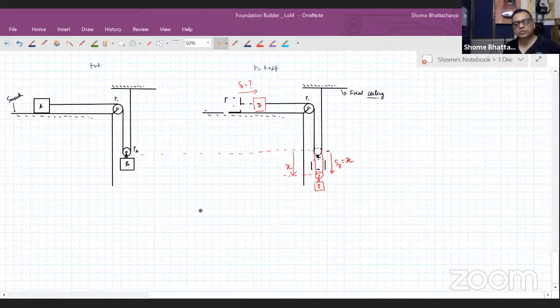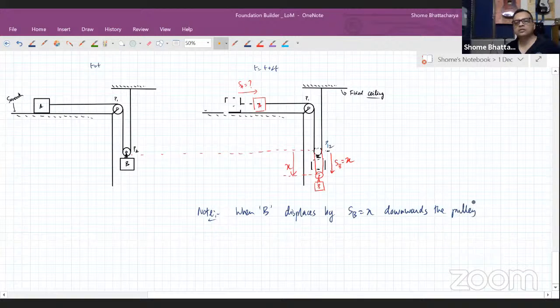Okay. So when B displaces by S_B equal to x downwards, the pulley P2, which is attached to B, pulls 2x length of thread with it.